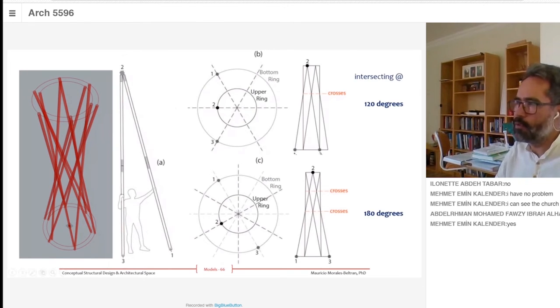The difference is that the separation between the legs in plane is 120 degrees or 180 degrees. Now, this is the theory, and this is the practice.